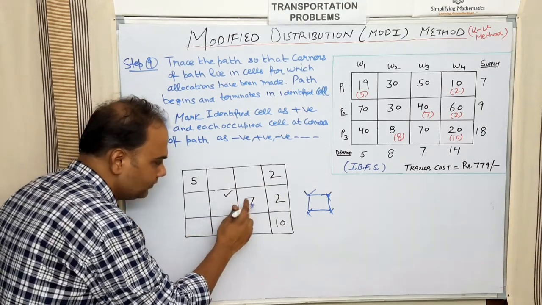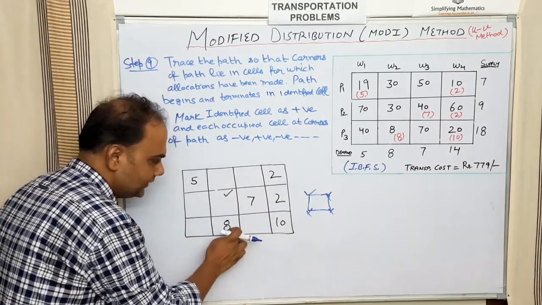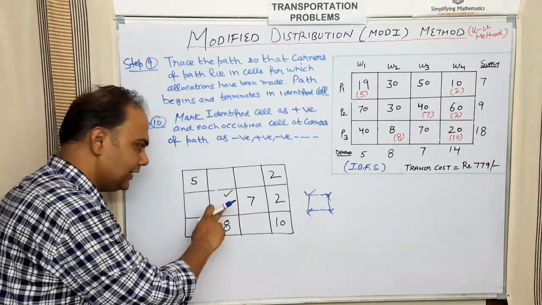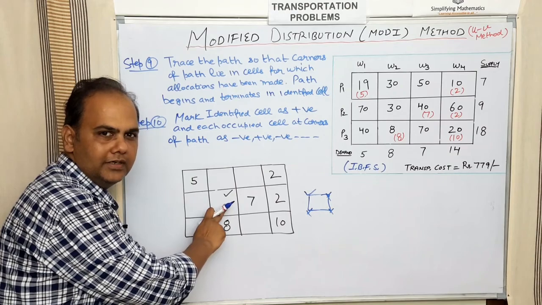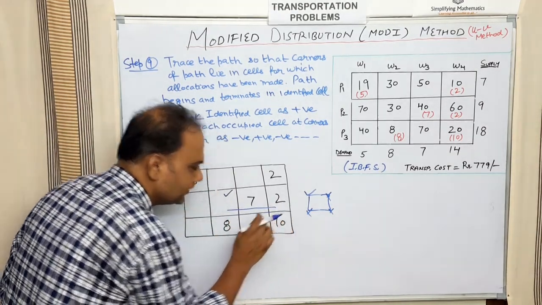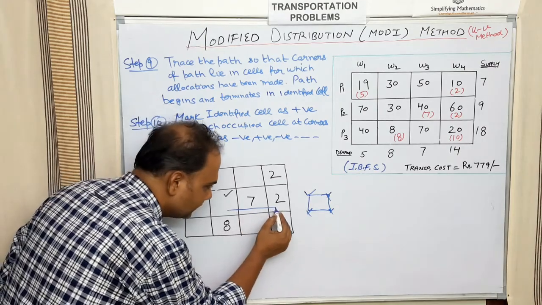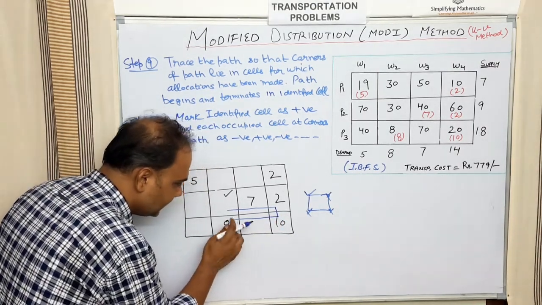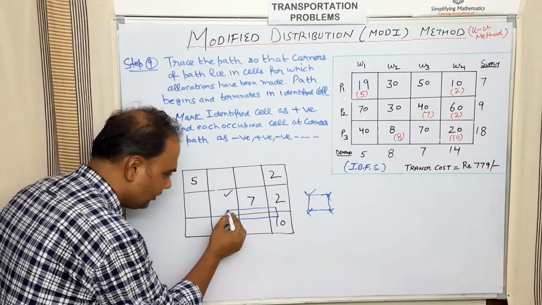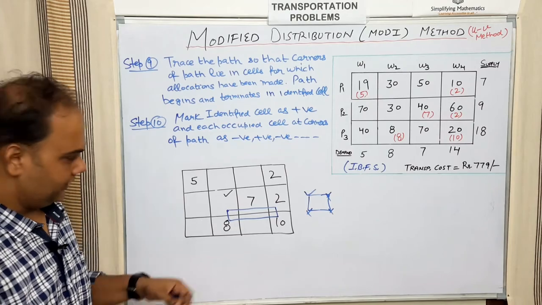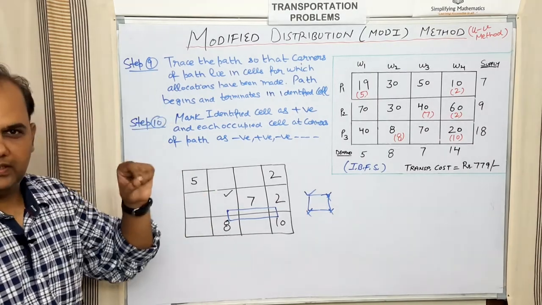So if you go from this to this, this and this, at the corners of the path there are allocations, and the path should start and terminate at the same point. Now this is the first corner, the allocation is there. Now second corner, here also there is allocation, here also there is allocation, and where the path started, we terminated it there. So this is step 9.